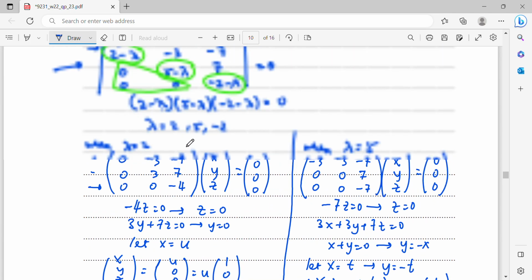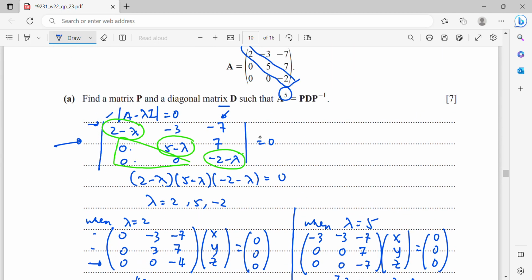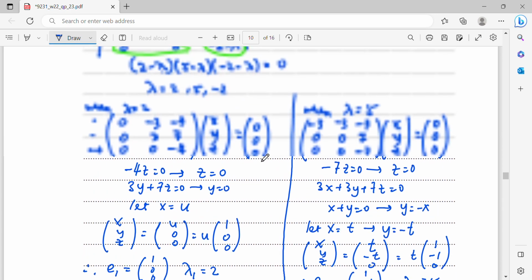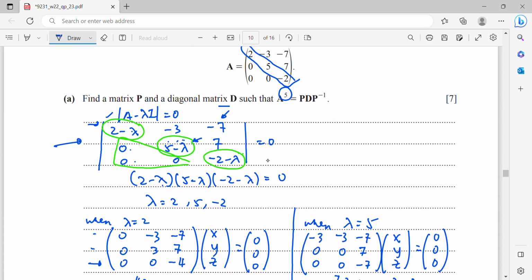Second column, I get 5 minus minus 2. For the diagonal element, it will be 7, which means my second column is basically minus 3, 7, 0. So my third column, remember, lambda is minus 2, so this value will be 0. So I will be getting minus 7, 7, 0.